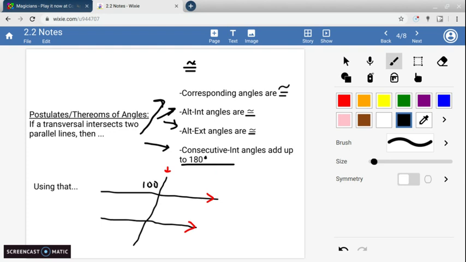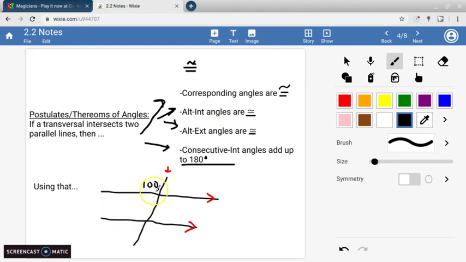And we also know our vertical angles rule, that the ones that are across from each other are equal. So using that, you should be able to know all the measurements of these angles just by knowing this 100. We can also use the rules with the supplementary angles, but for this case, I'm just going to use the rules that we know up here. So corresponding angles. Which one corresponds with this one right here? I'm going to name all these.